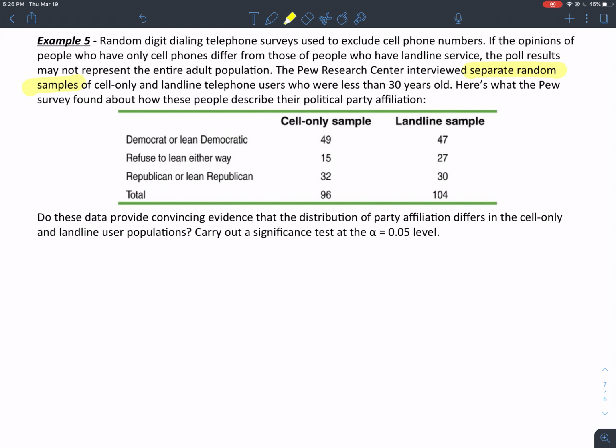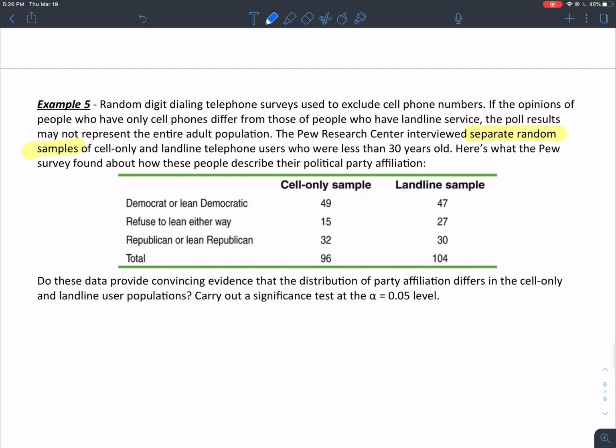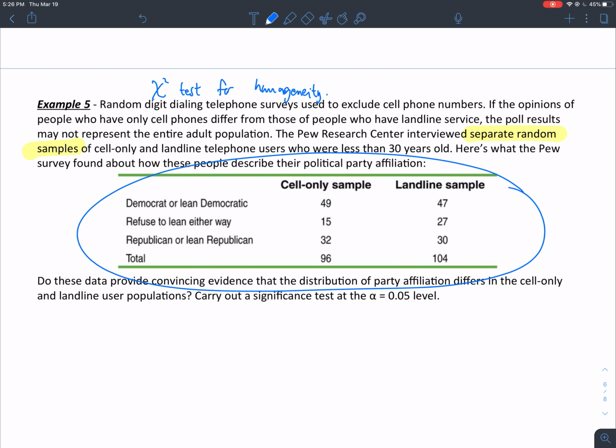Separate random samples. Okay? When you see a table of data like this with separate random samples, you're talking chi-squared test for homogeneity. Okay? For homogeneity. All right. When you see that, separate samples, and one categorical variable, but two separate samples. Okay. Here's what the Pew survey found about how these people described their political party affiliation.